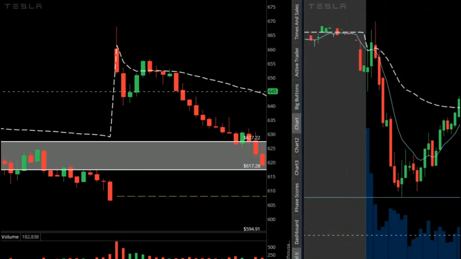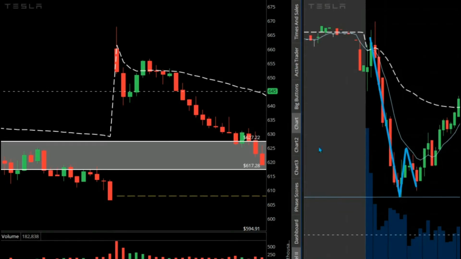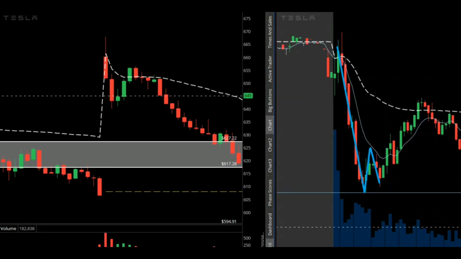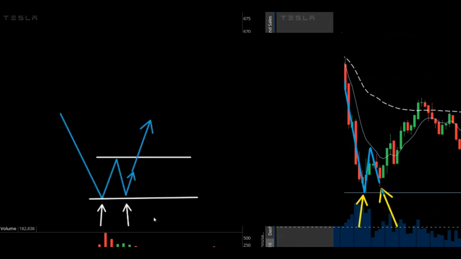What I was looking at is this sell-off, bounce, retest of the previous structure low. We have our first low here, and our second retest came in right here. At this point, if we break through, it would be a continuation.